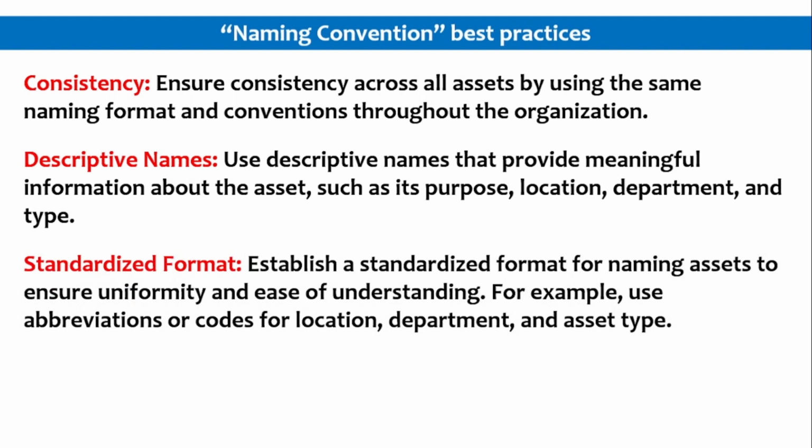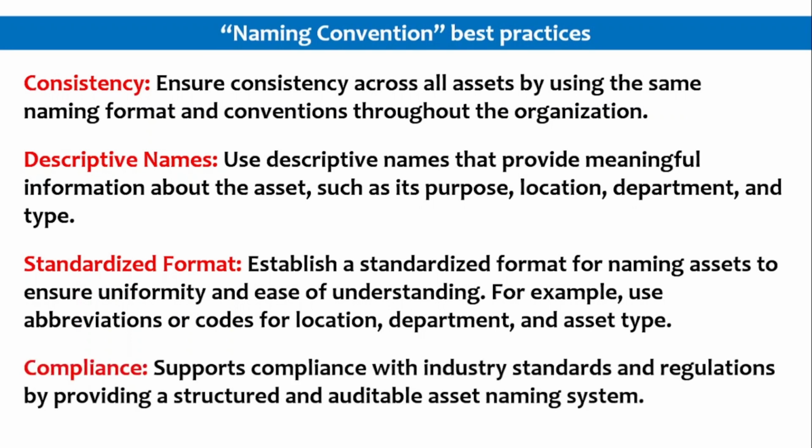Standardized format. Establish a standardized format for naming assets to ensure uniformity and ease of understanding. For example, use abbreviations or codes for location, department, and asset type. Compliance. Supports compliance with industry standards and regulations by providing a structured and auditable asset naming system.